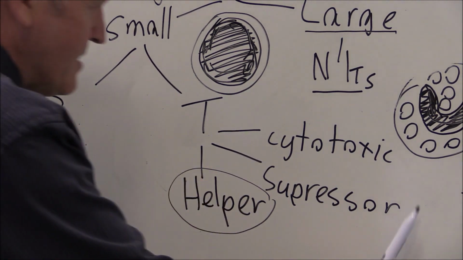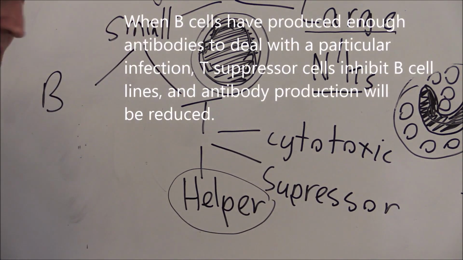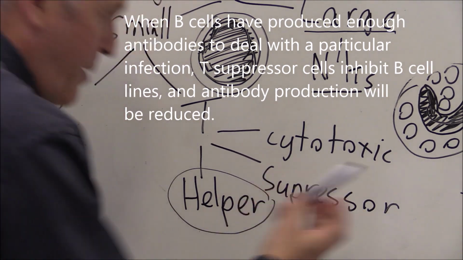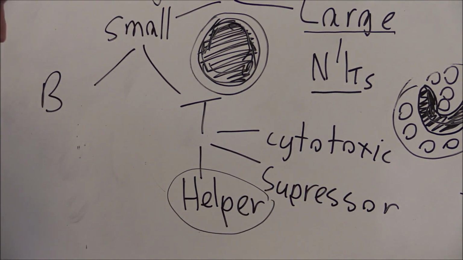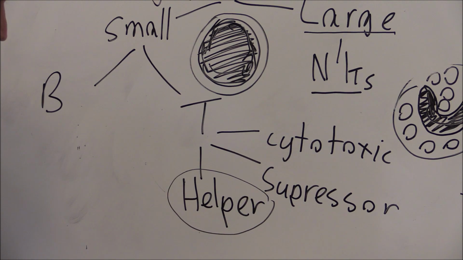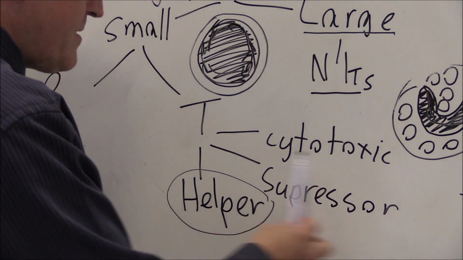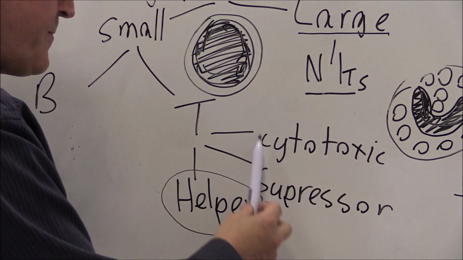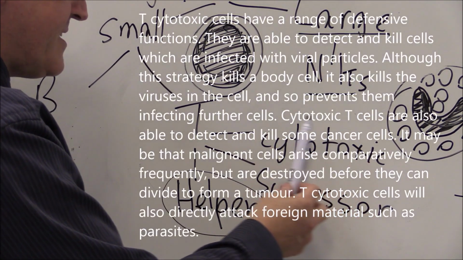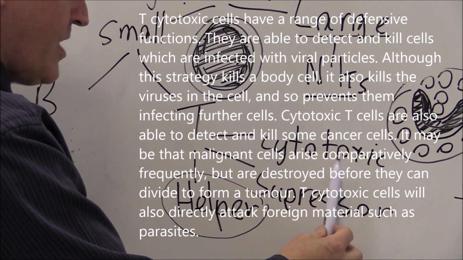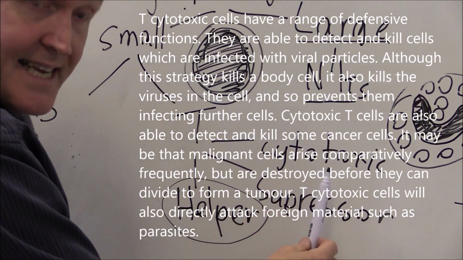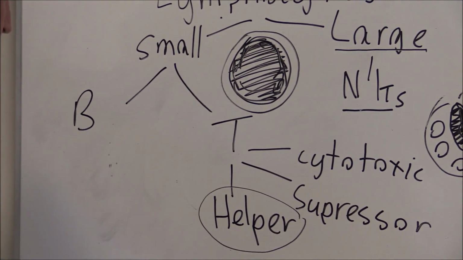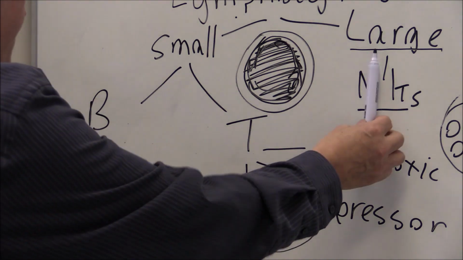The T suppressor cells inhibit that process and decide when the infection is finished, when it's time to stop producing large amounts of antibody. And the T cytotoxic cells, a bit like their big brothers and sisters, the natural killer cells, these can kill virally infected cells, and also they can kill cancer cells, which of course is great when that happens. So the lymphocytes can be large or small.